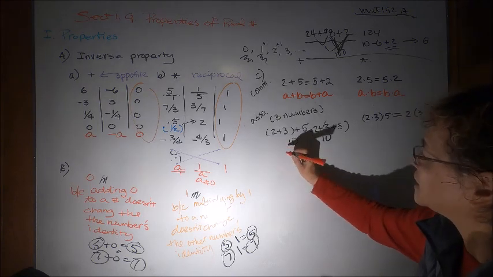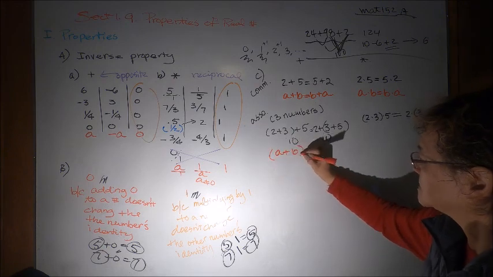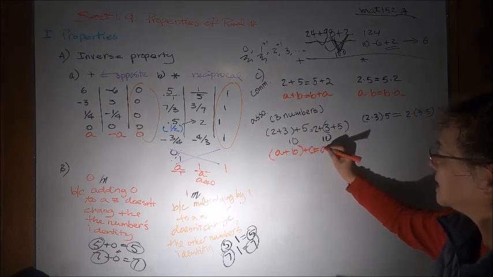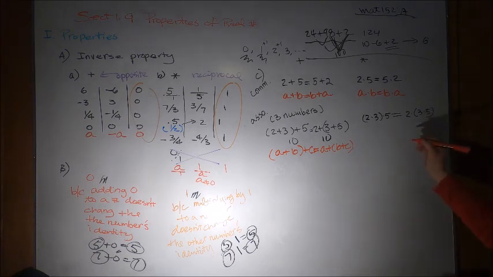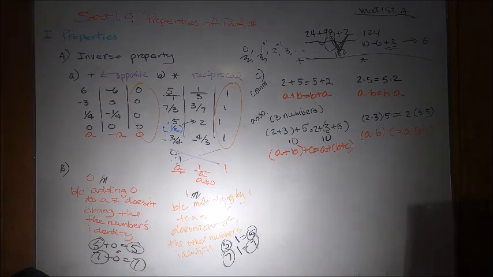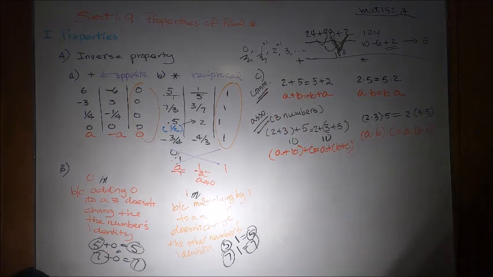So we write it in algebra style. That would be what? A plus B plus C equals what? A plus B plus C, grouped differently. Same thing for multiplication. A times B times C is the same thing as A times B times C with B and C first. Okay? So numbers for addition and multiplication, they behave this way.